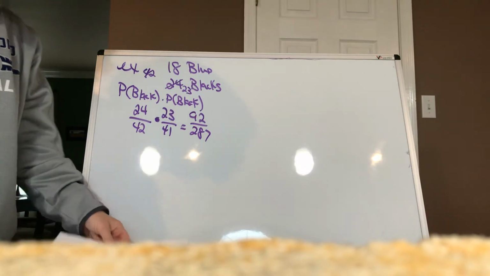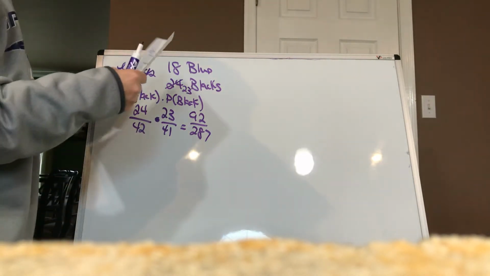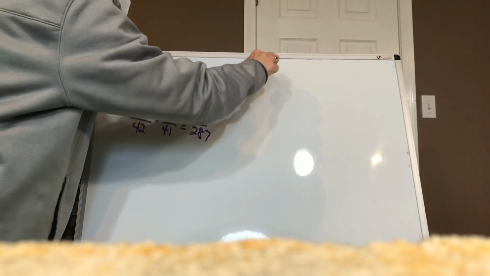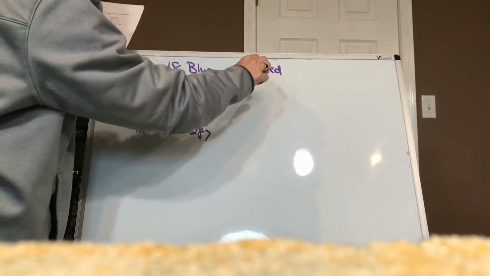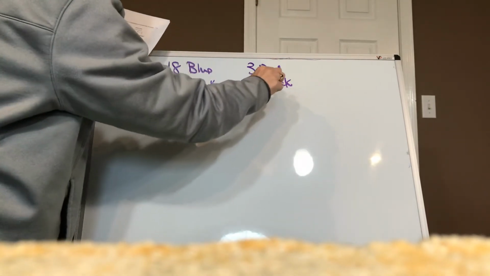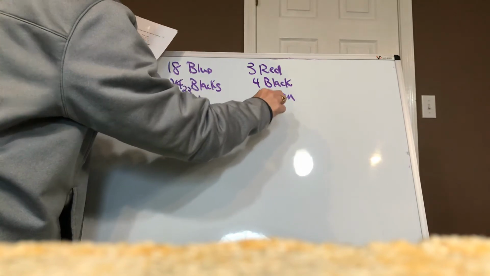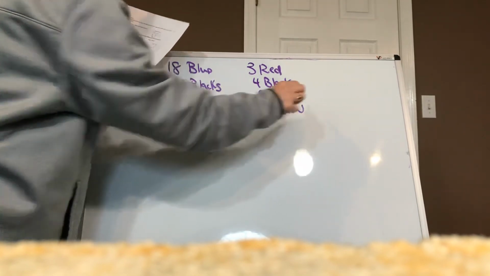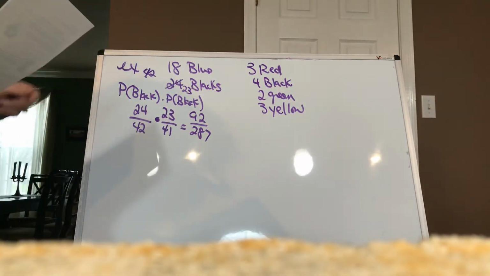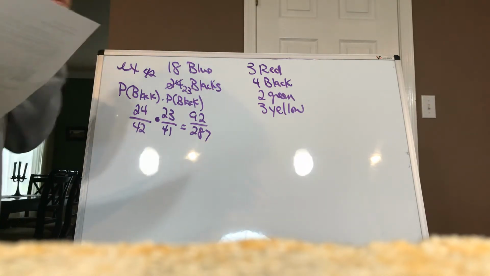Okay, last example. Example 4. We have 3 red shirts, 4 black, 2 green, and 3 yellow. Now, the first part says, find the probability of Maddie is packing for her trip.